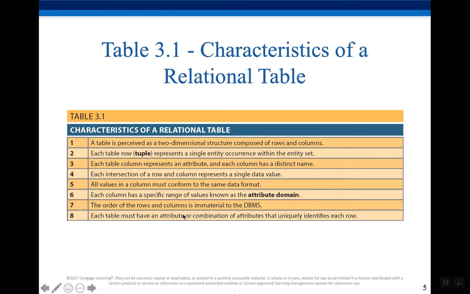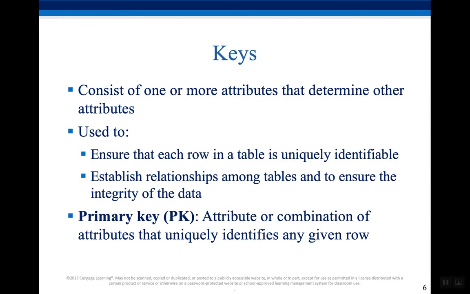And finally, this last point here: each table has to have an attribute or combination of attributes that uniquely identify each row. So we'll talk about some of these different characteristics as we're moving forward. Let's talk a little bit about this idea of a unique attribute. Inside of relational databases there's a concept called a key.